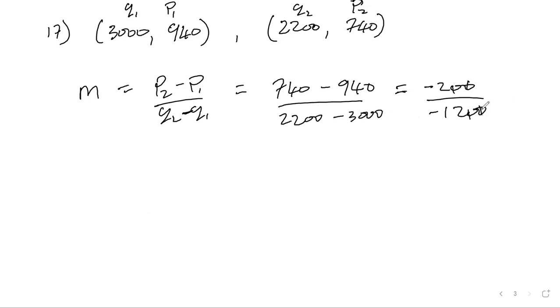We then divide this, we get 2 over 8, which is 1 over 4 as our slope.